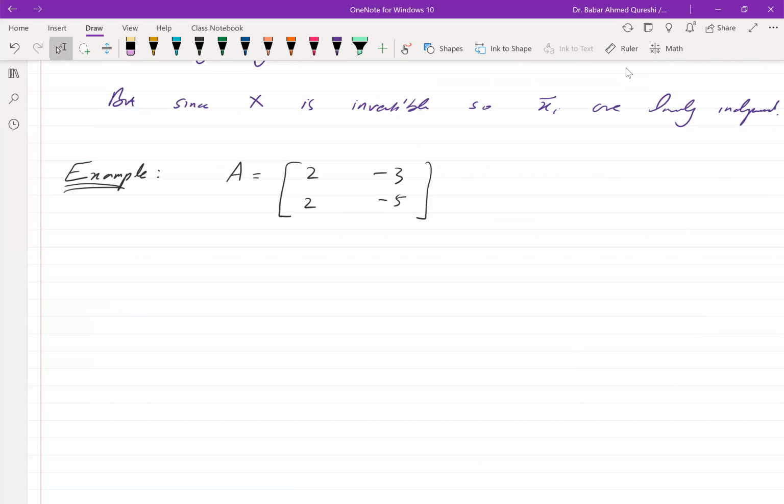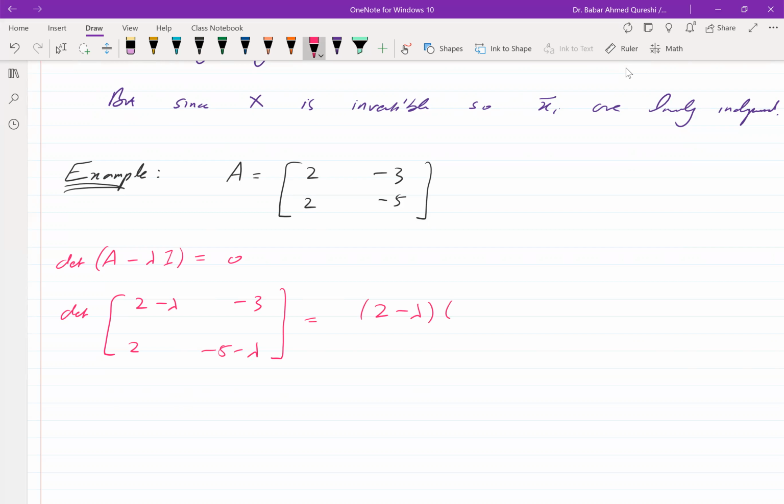So if I find the eigenvalues, it's the determinant of this matrix plus 6 is equal to 0.